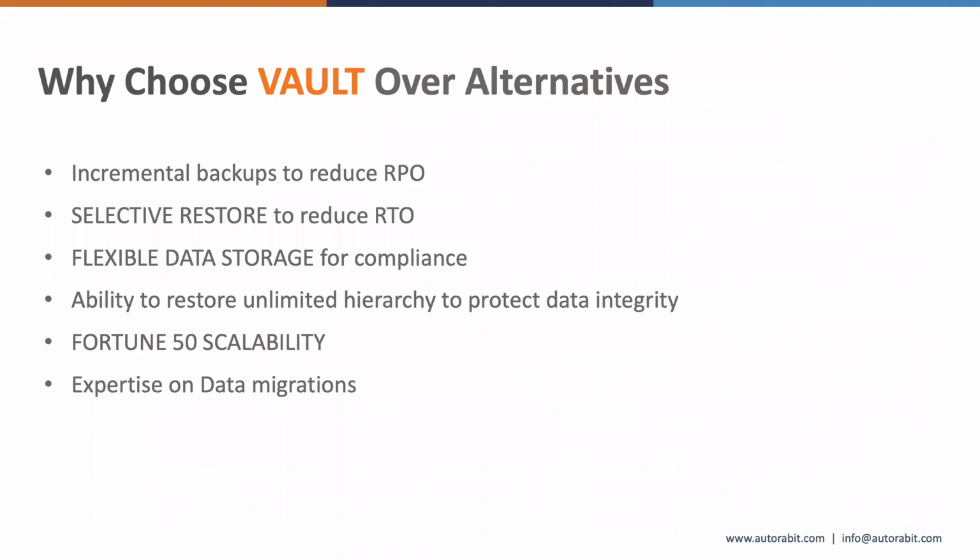The record level restoration is pretty fast. Now, you don't need to go through gigabytes or petabytes of your data to restore into the system. And when you're doing selective restore, the hierarchy of the data objects is all taken care of to protect your integrity.